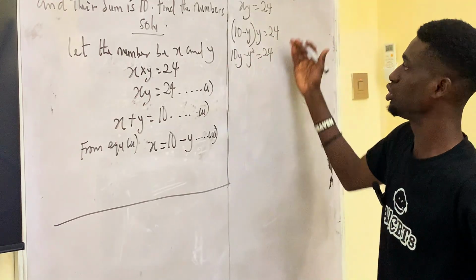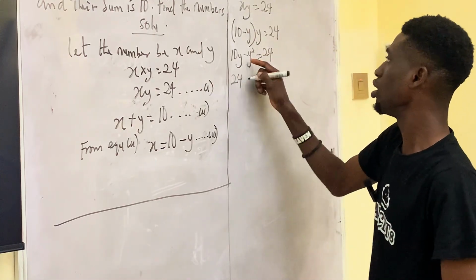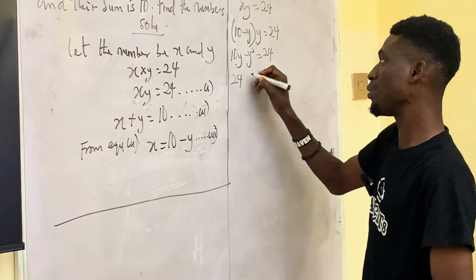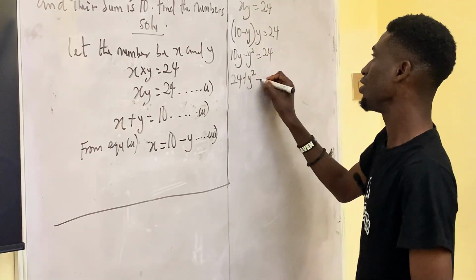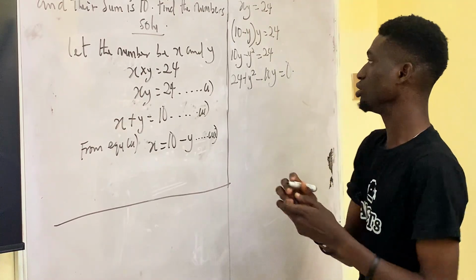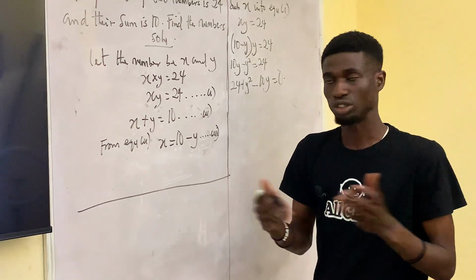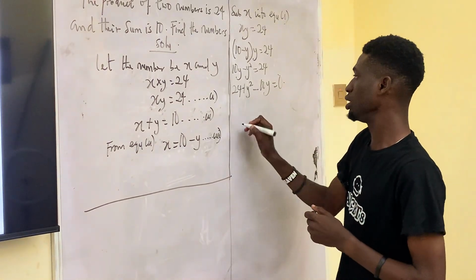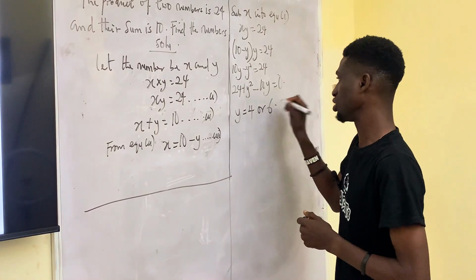You can turn this into a quadratic equation by saying 24 comes to this other part, you have y squared, 10y comes to this other part, you have minus 10y. Everything should be equated to 0. So using your factorization method, your final answer will be y equals 4 or 6.